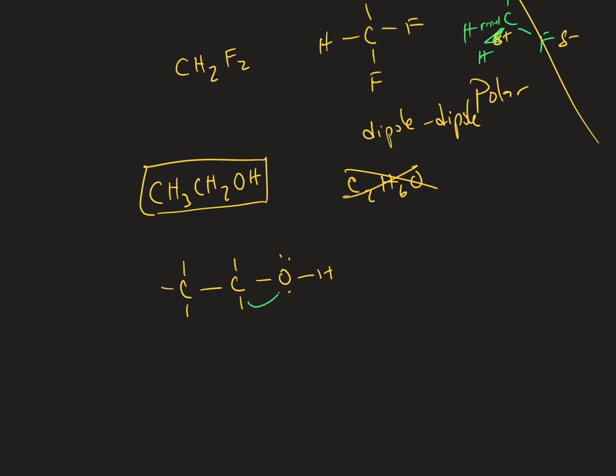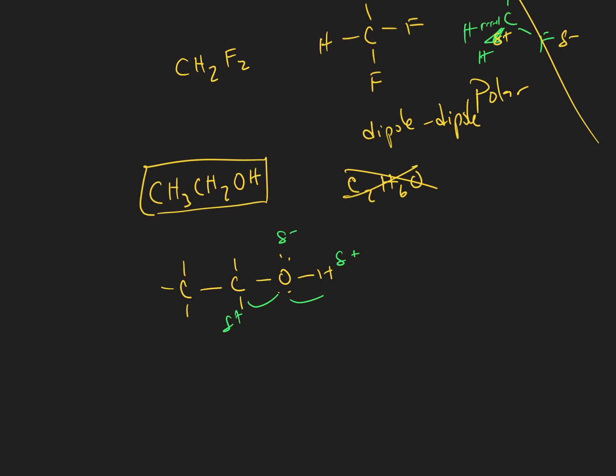So we got to check this bond and this bond. Are they polar? Look at your electronegativity chart. The hydrogen-oxygen bond is. Which one's partial negative? Oxygen. What about the carbon-oxygen bond? Oh, we just did it. That's also. This is partial positive.